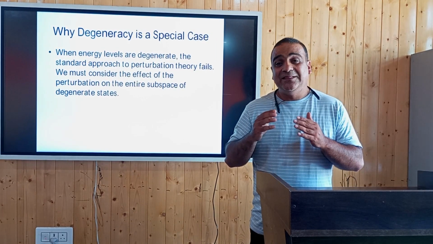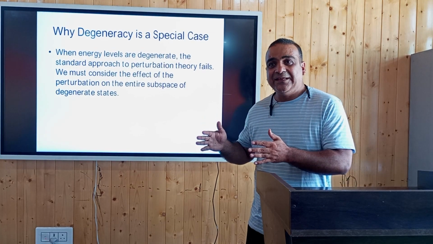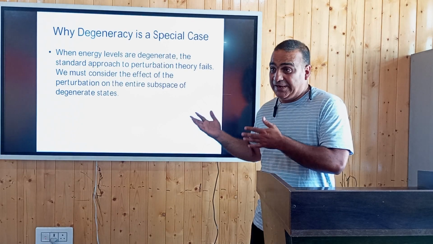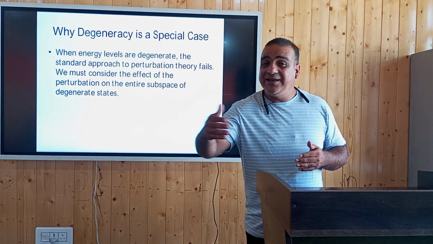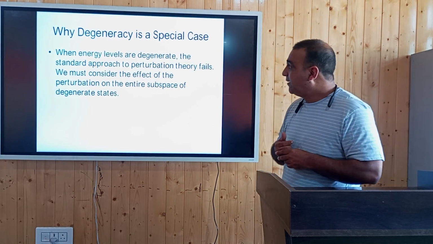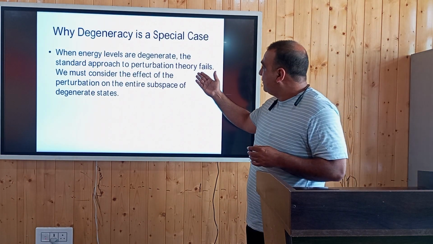That means the theory that we were discussing previously is incompatible with this problem, because here you have a range of energy levels which have the same energy. You got my point? So that standard approach fails.